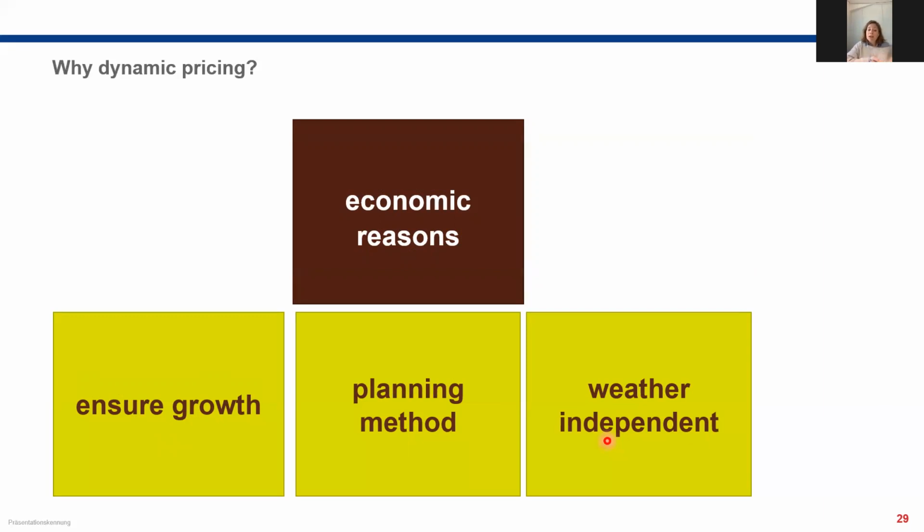So the one idea was, I can hike the prices, then I have more revenue and I keep my guest number stable. But this was not my idea. I think it's much nicer to spread the guests, to have a stable, as I said, just 1,000 guests per day. But on the other hand, we can ensure the growth.